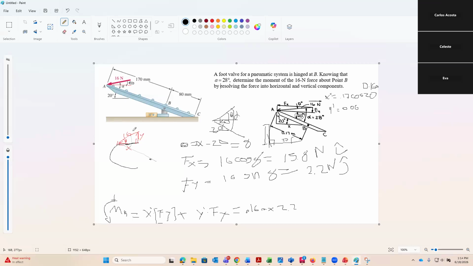And this force right here is also making it go counterclockwise, so it's positive, plus the distance in Y, which is 0.06, times the force, which is 15.8. What is the whole thing? Should be 1.3. Yeah, so that is our answer, in newtons per meter.